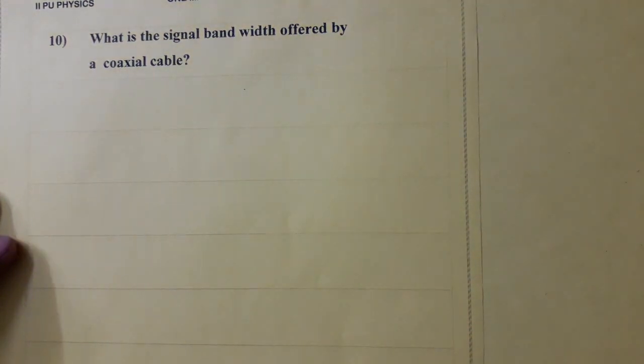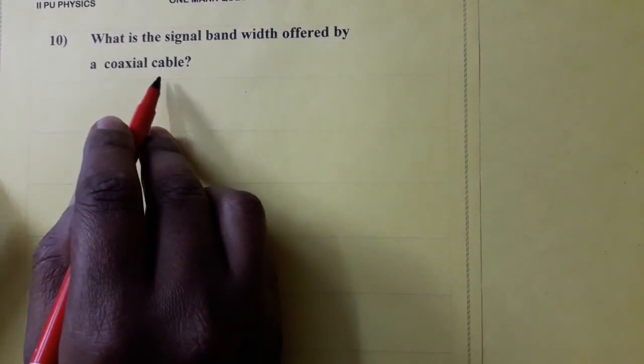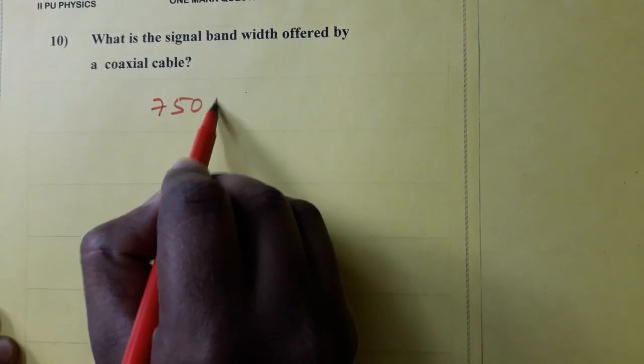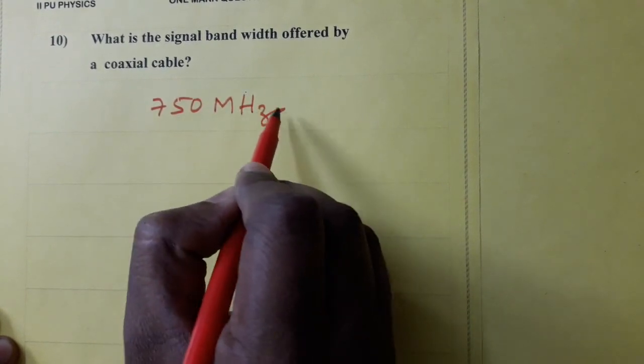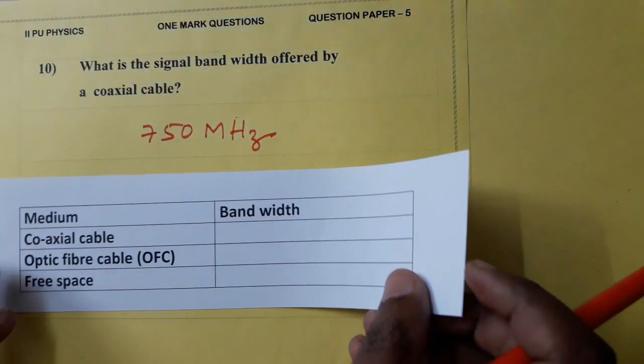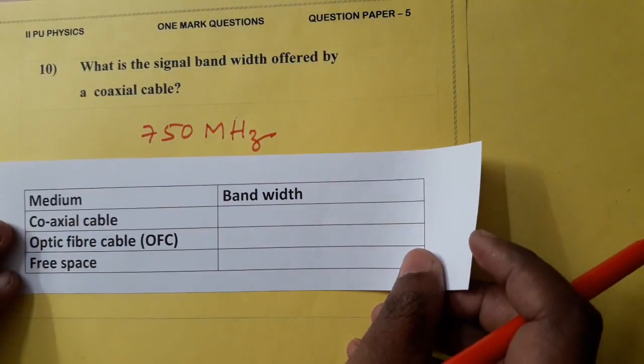What is the signal bandwidth offered by a coaxial cable? Answer is 750 megahertz. Okay. Now, few more related to this.